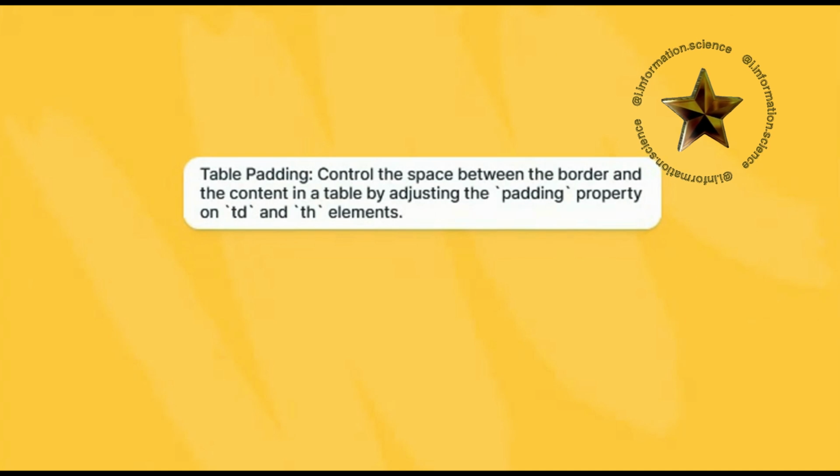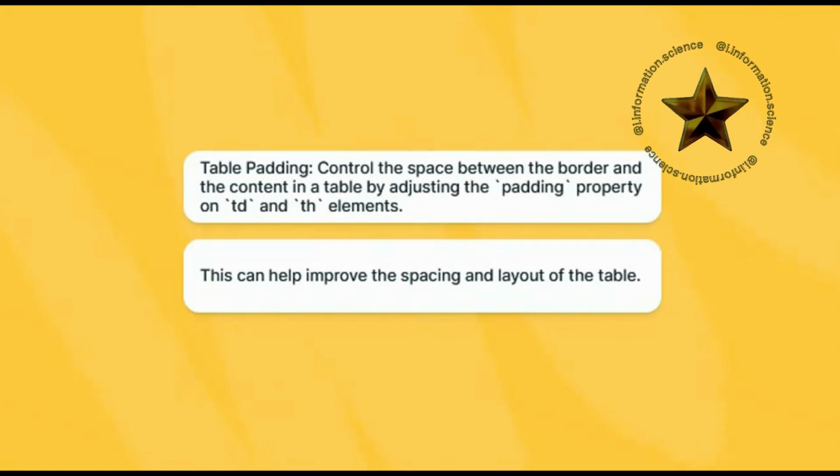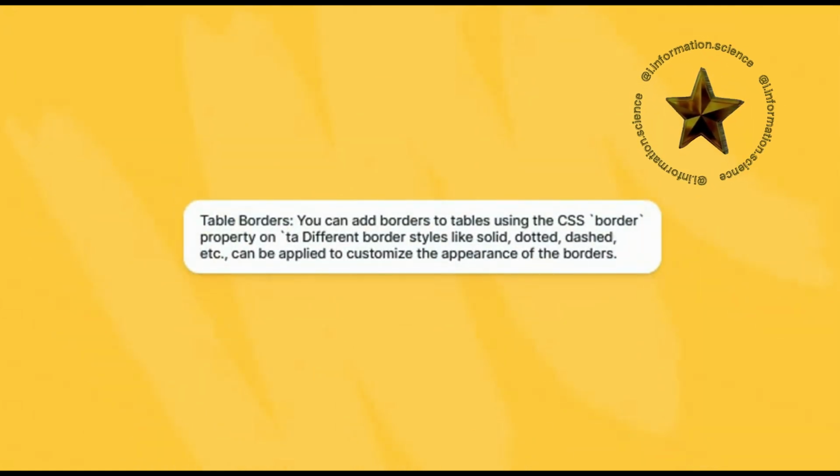Table padding. Control the space between the border and the content in a table by adjusting the padding property on td and th elements. This can help improve the spacing and layout of the table. Table borders. You can add borders to tables using the CSS border property.